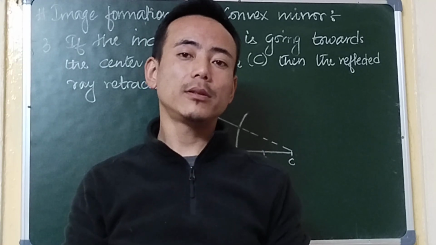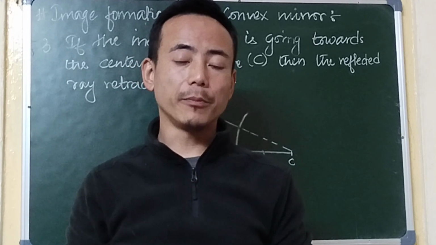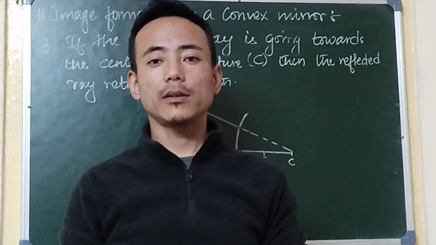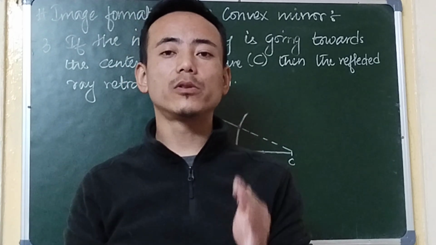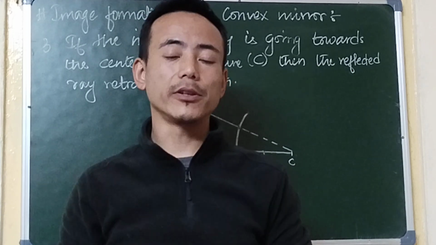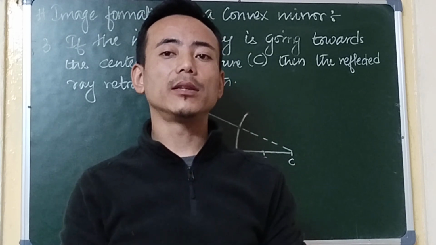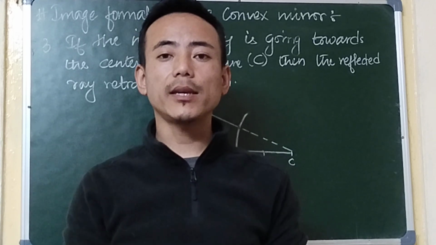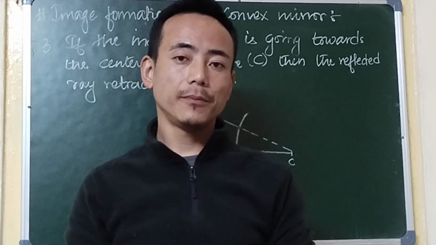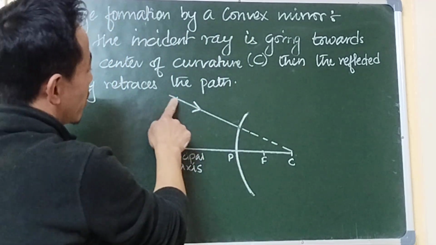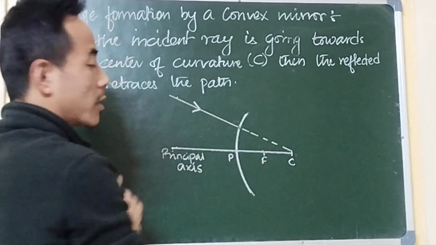Now the third and last rule that we must remember for image formation by a convex mirror. The rule says if the incident ray is going towards the center of curvature, then after reflection, the reflected ray will follow the same path backwards, or we can say it will retrace the path. Here in the diagram you can see that our incident ray is going towards the center of curvature.